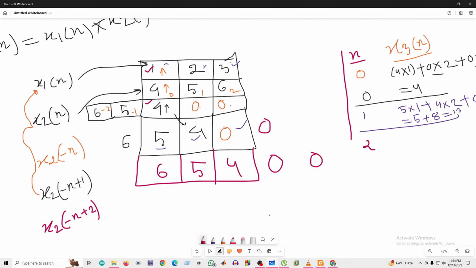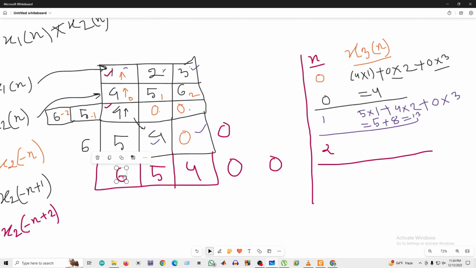So at n equal to 2, what can you write? So if you see here, you have 6 and here 1, because the index is the same, so same index multiplied with each other. So you can write here 6 times 1, and then use a plus sign, and here 5, and here is 2.